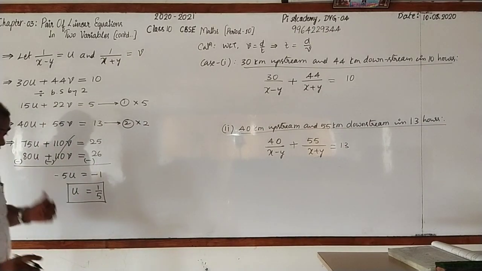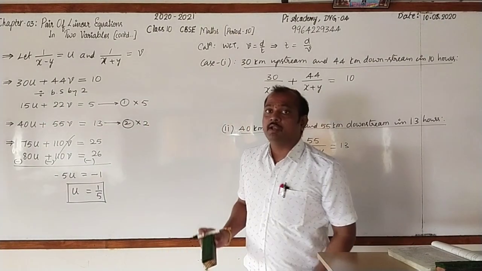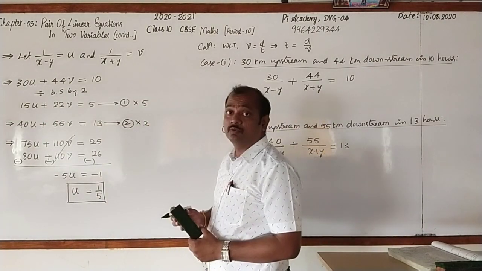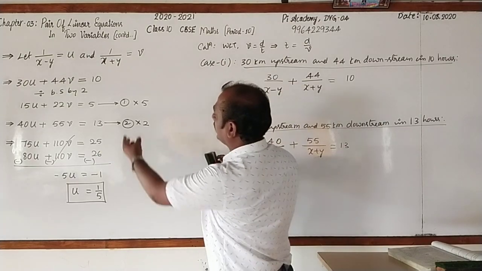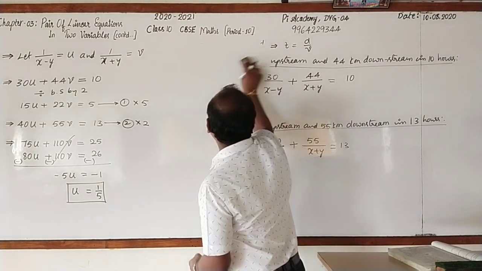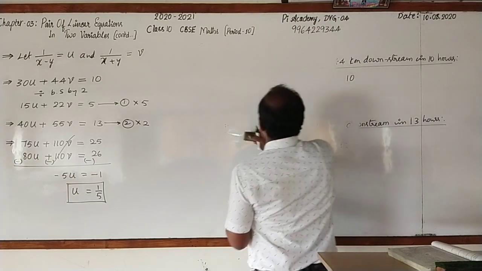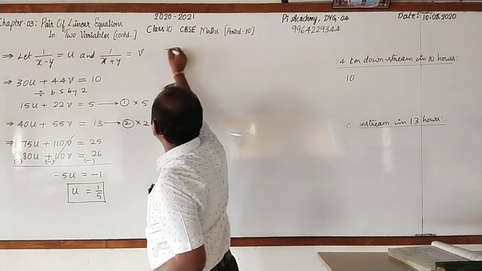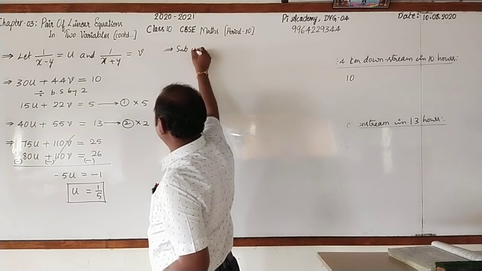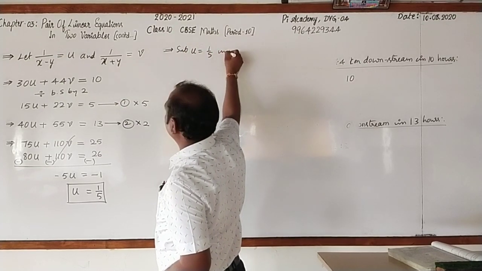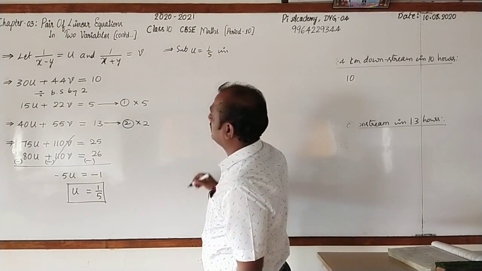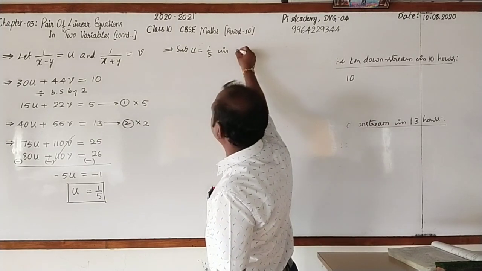Next, let us go for finding the value of v. How? By substituting the u value either in 1 or in 2. Let me write the same. Substitute u equal to 1 by 5 in, I'll take the first equation.